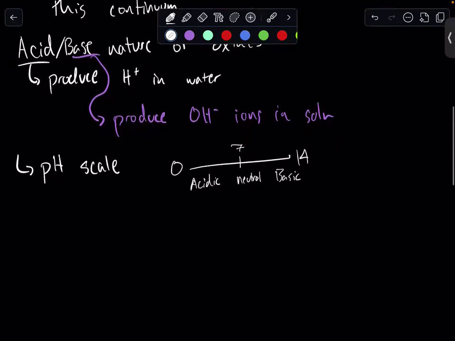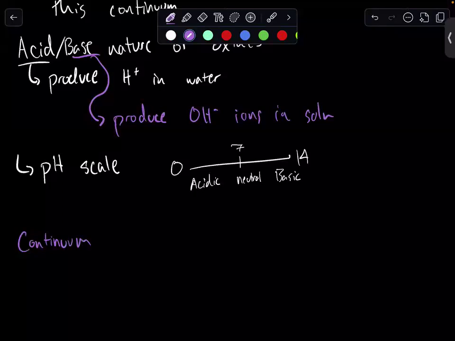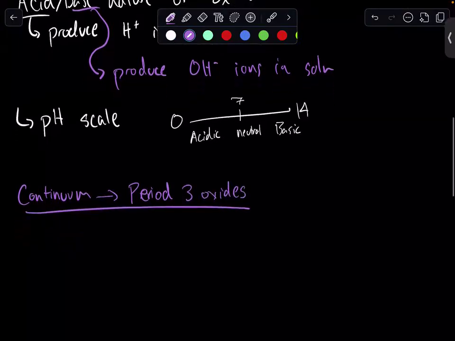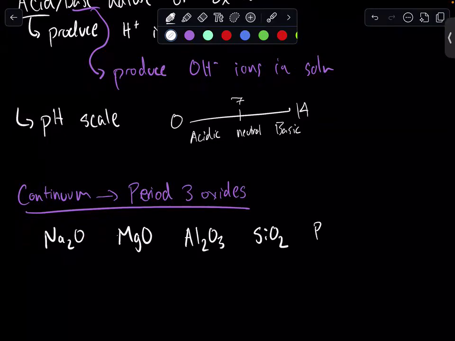So as we begin to explore this continuum, we're going to specifically look at the period 3 oxides, as they're going to show us a trend. So we have quite a few of them. We start off with sodium oxide, then magnesium oxide, then we jump all the way to aluminum oxide, then we go over to silicon dioxide, then we move over to phosphorus oxide, which would be tetraphosphorus decoxide.